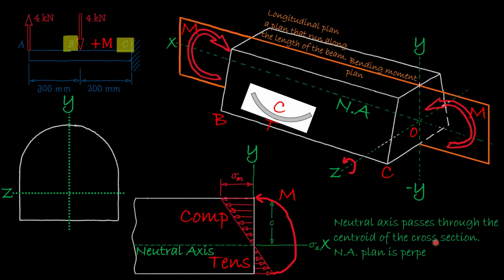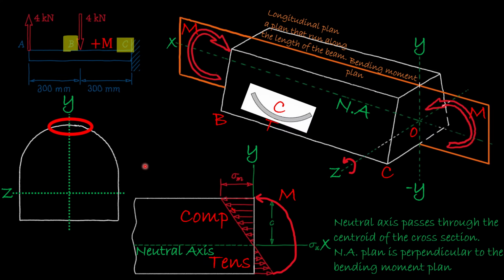And the neutral axis plane will always be perpendicular to the bending moment plane. The reason why we call it neutral is because, as you can see from this demonstration, at the point where the neutral axis passes through, the stress is zero.